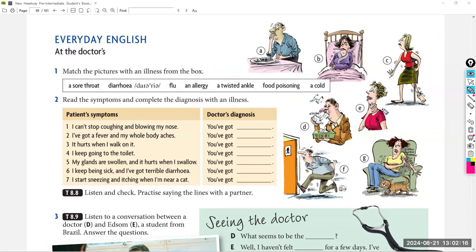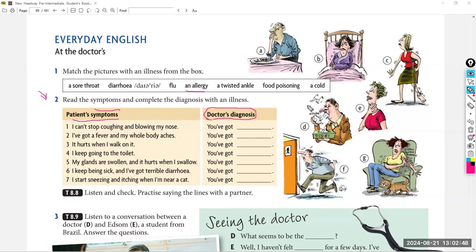Okay, now exercise number 2. If you have a mistake in selecting or matching the correct illness, you will know the correct illness through exercise number 2, because in exercise number 2, we have patient symptoms and we have the doctor's diagnosis. So through the symptoms that we have, you will know the disease or the doctor's diagnosis.